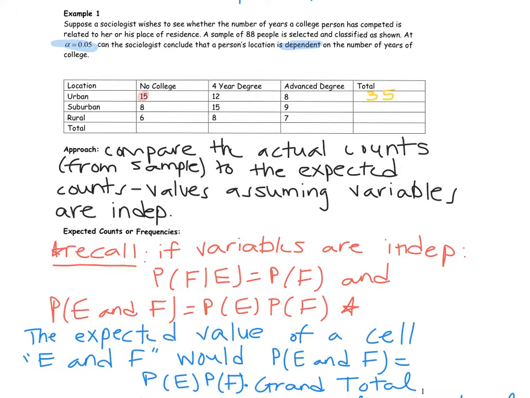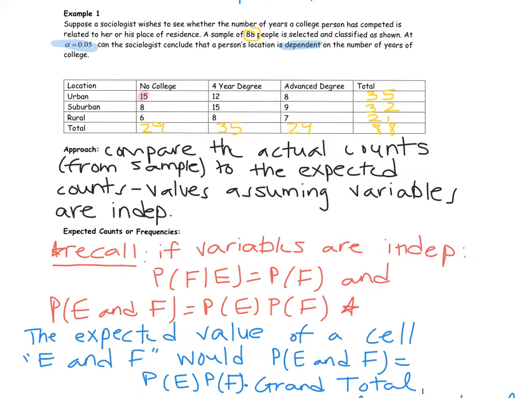So out of these 88 people, 35 live in the urban environment, 32 live in a suburban environment, and then 21 live in a rural environment. Out of the 88 people, 29 did not have college, 35 had a 4-year degree, and then 24 had an advanced degree. All right, there you go.